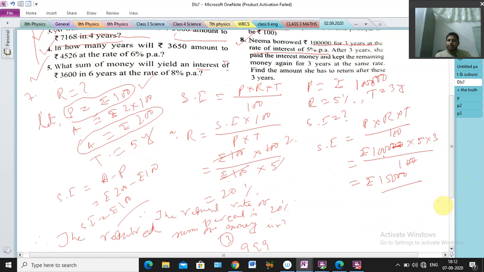This SI amount only, 15,000, she paid after 3 years.